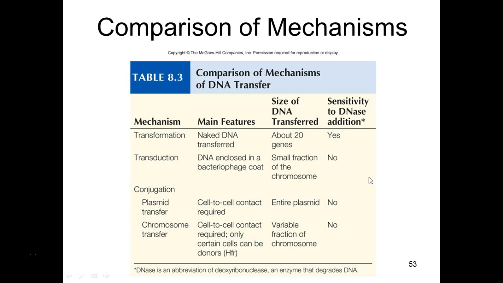Okay, so the important take-home message of this chart is to help you remember that in transformation the DNA is naked and all by itself in the environment. So if there are DNases in the environment, enzymes that destroy DNA, they would stop transformation.